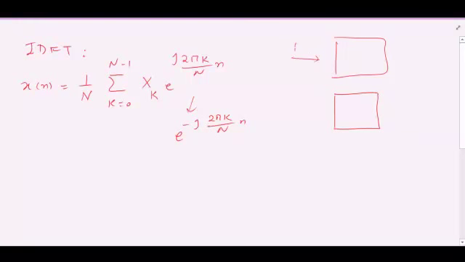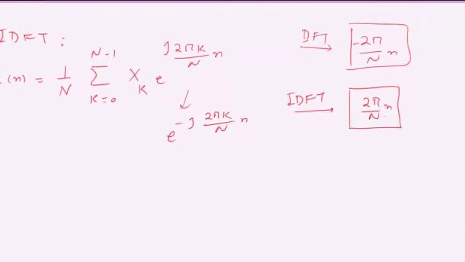So for DFT, the constant block is going to be minus 2 pi over N. For IDFT, the constant block is going to be 2 pi over N. And of course there is this N and this N here for different N's. So it means that it's a matter of changing only a sign. A negative sign is going to be this.